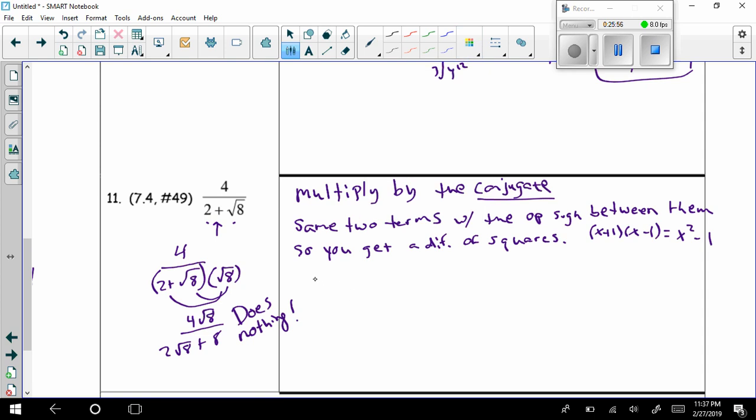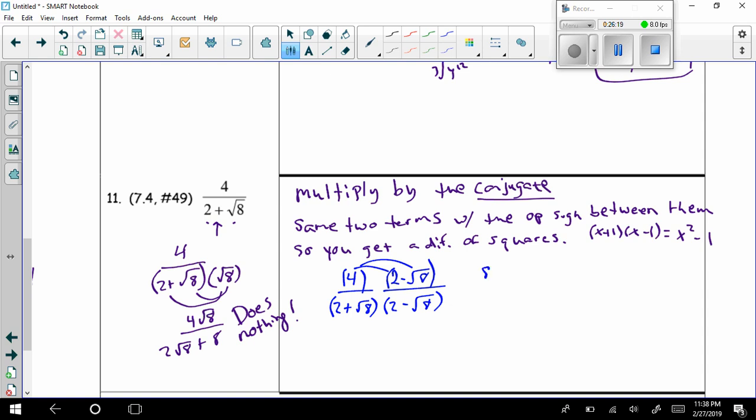So the conjugate for 2 plus root 8 is 2 minus root 8. I'm going to do that on bottom and top. Sometimes you have to FOIL the top, so make sure you pay attention to how many terms they are.